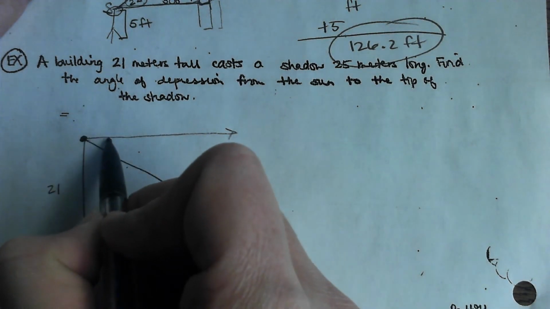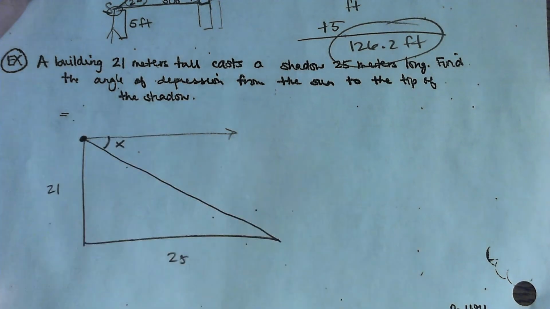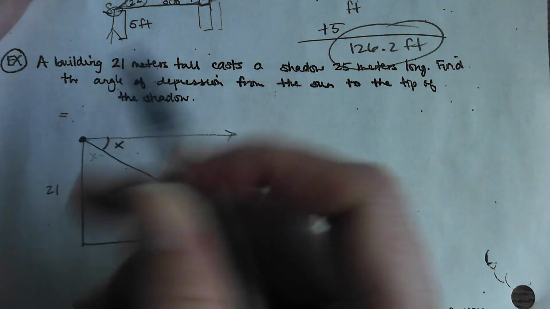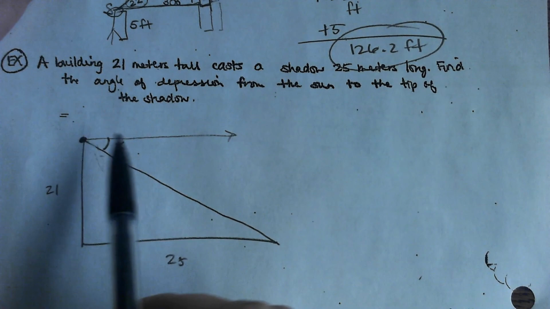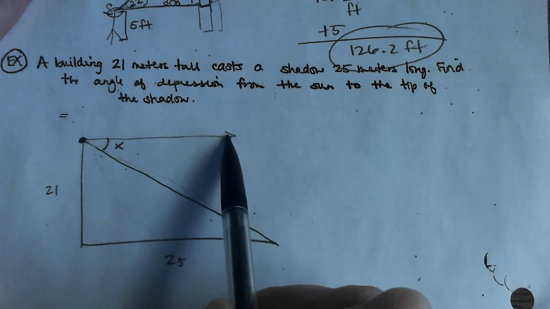The angle between them is right here. That is your angle of depression. It's not the angle that's within the triangle, which confuses people because people just want to put it there. The angle of depression and the angle of elevation have to be the angle between your line of sight and a horizontal. Are you with me?